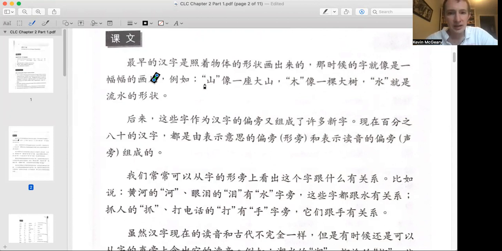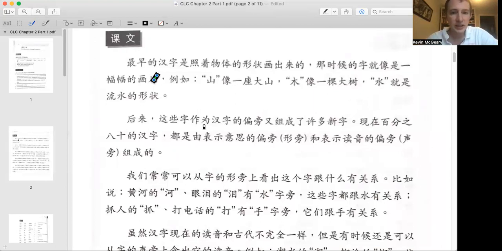So the character Shan, mountain, looks a bit like a mountain, and the ancient character even more so. 木像一棵大树. The character mu, which in modern Chinese is wood, looks a bit like a large tree. 水就是流水的形状. 水, water, which means water in modern Chinese and ancient Chinese, looks a bit like flowing water.